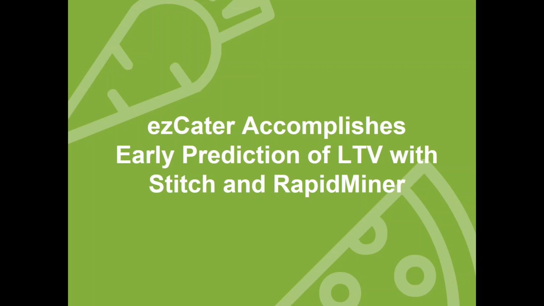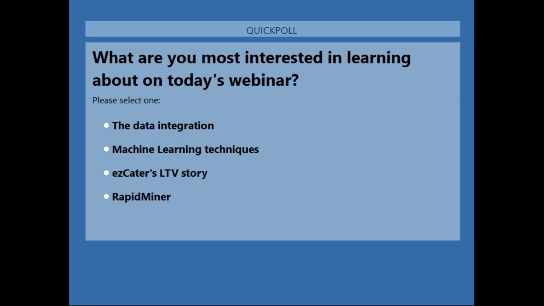All right, great. Thanks everyone for coming. To start off, I just wanted to ask a quick poll to get a read on what everyone is most interested in learning about today. So I'm going to launch that now. If you wouldn't mind filling that out, I would love to hear whether people are most interested in a couple of different things we're going to talk about.